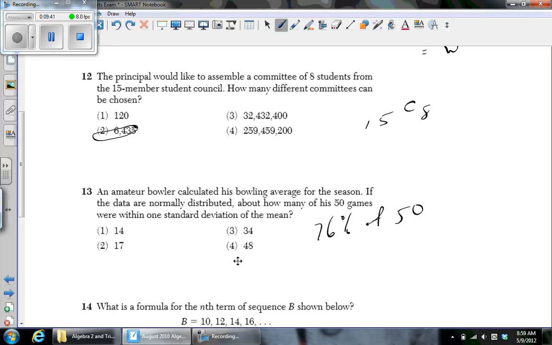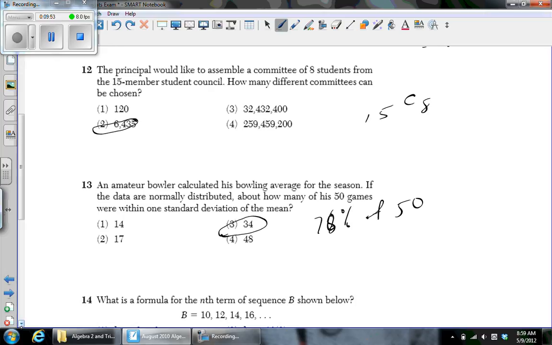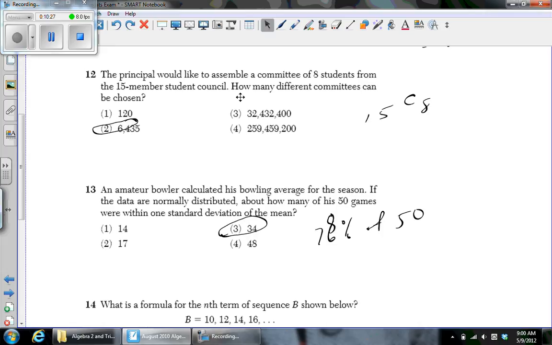Typing that in your calculator, you should get choice 3.